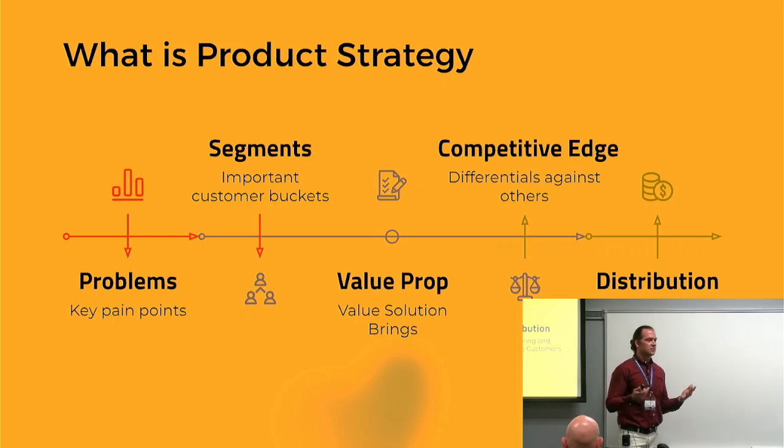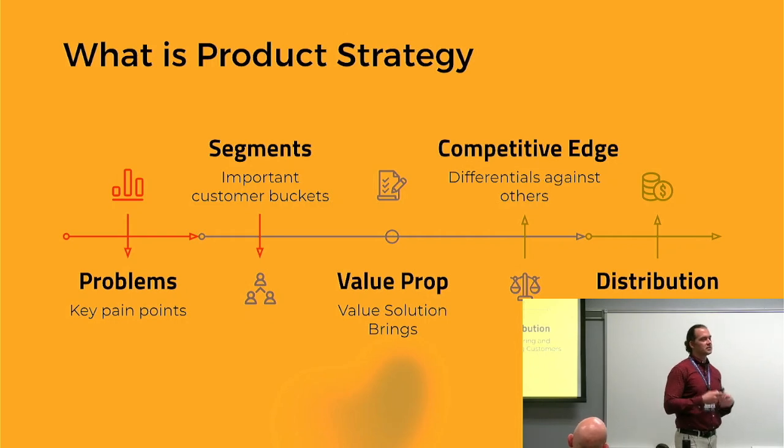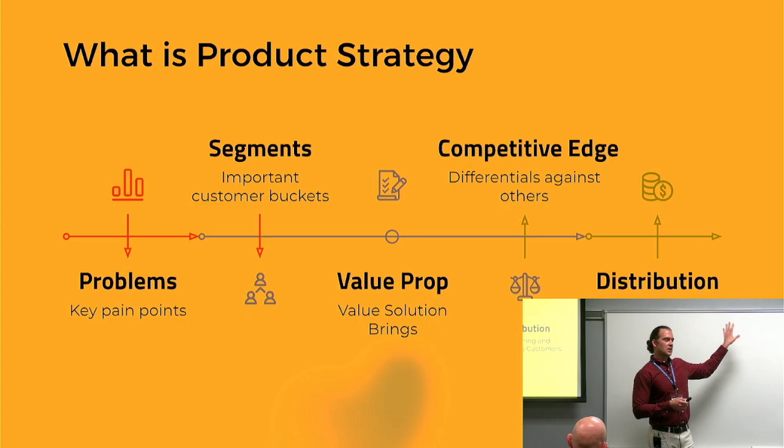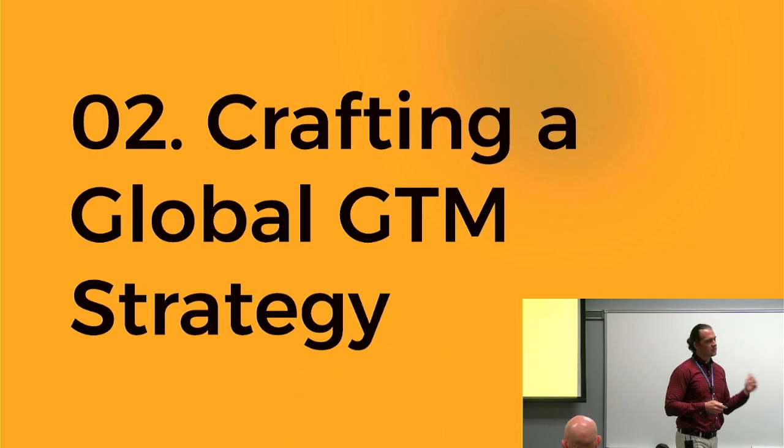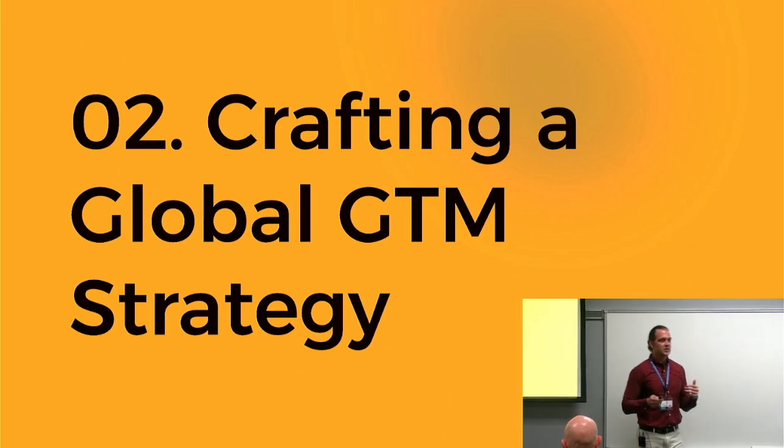Value proposition, very, very basic. What value does your solution bring? Competitive edge, how do you differentiate yourself against others? And then distribution, what are some key channels you want to leverage to acquire and retain customers, right? So again, we'll need to have this product strategy to then help inform go-to-market, right? These two you need to work together. So with that, let's jump into crafting our global GTM strategy.